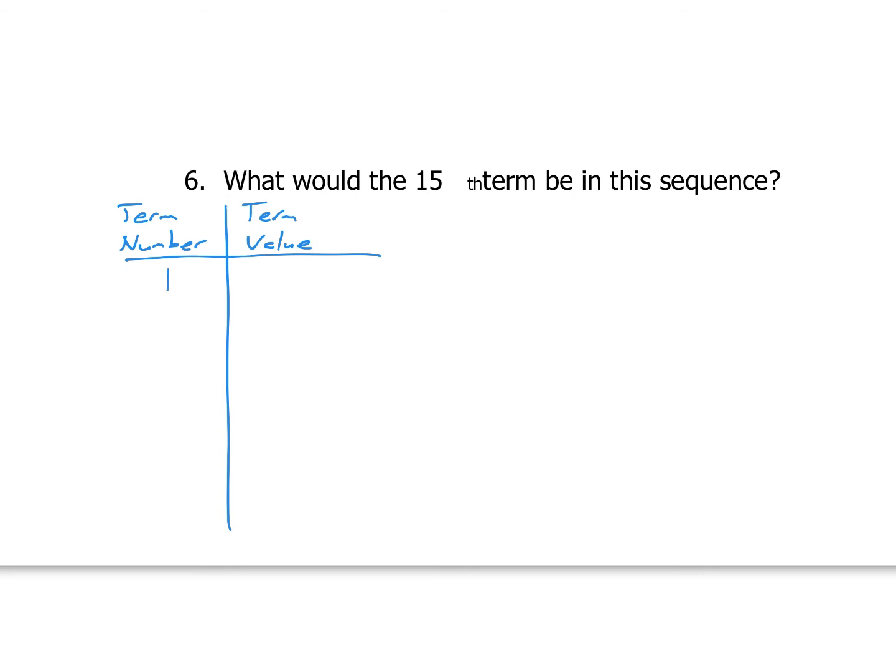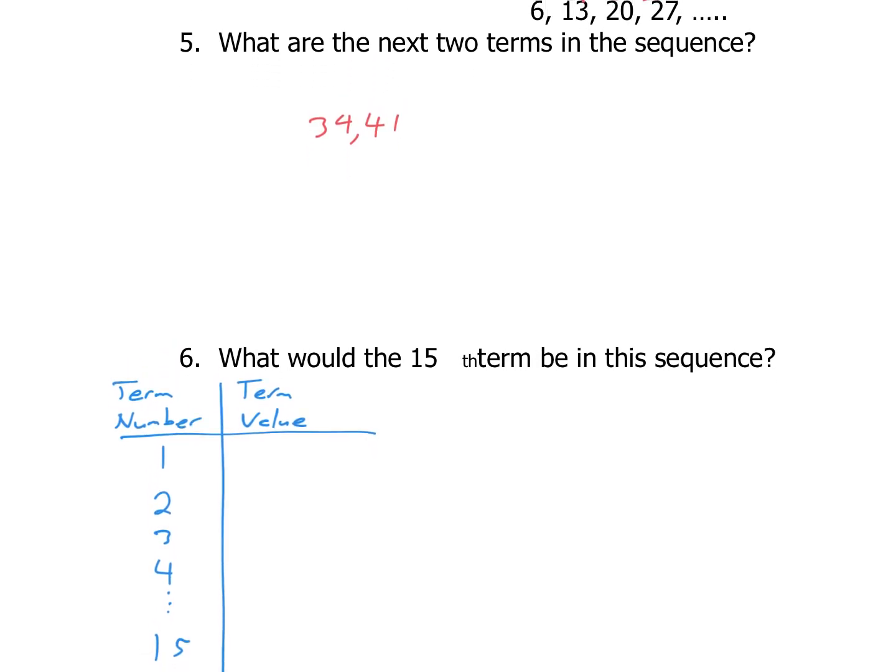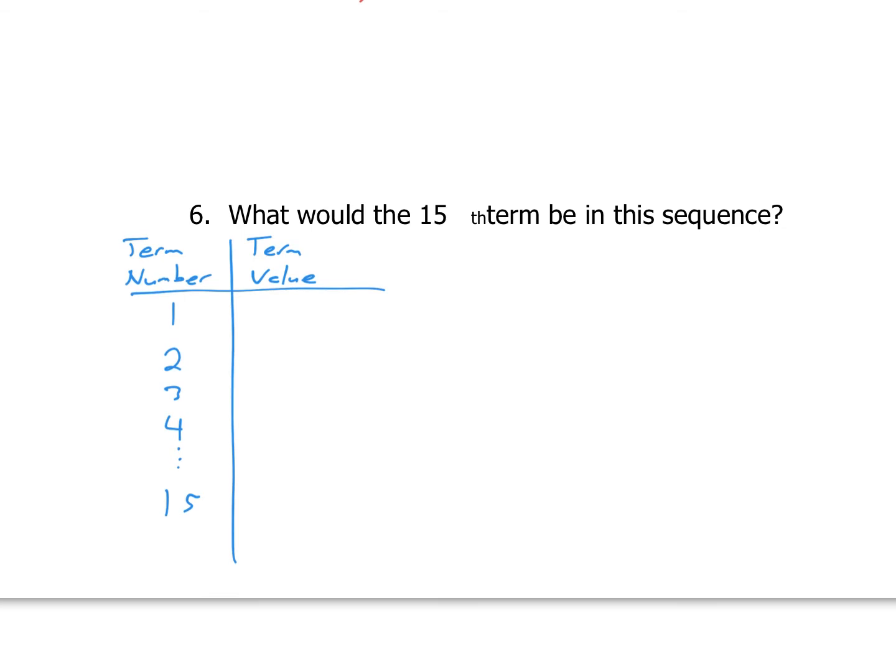So our term number here, 1, 2, 3, 4, and let's have our 15th value here. Okay, the first 4 were 6, 13, 20, 27. And each time we're adding 7 to get to the next stage.